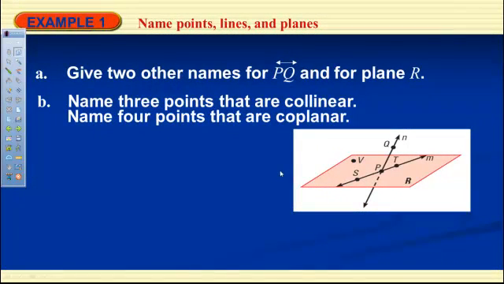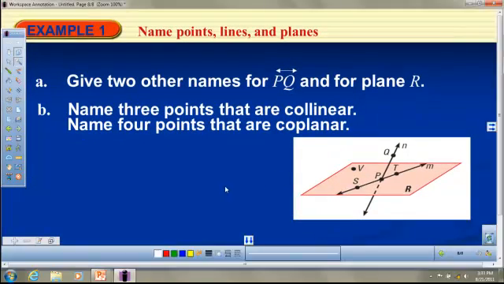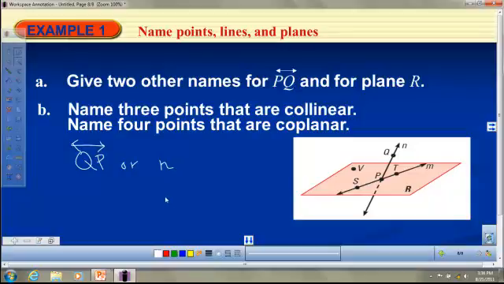Here's some examples we're going to look at. It says give 2 other names for line PQ and for plane R. So let's see, line PQ, we can say QP because we can write it in the other direction. Or we have a small letter N there, so we can say N. Okay?